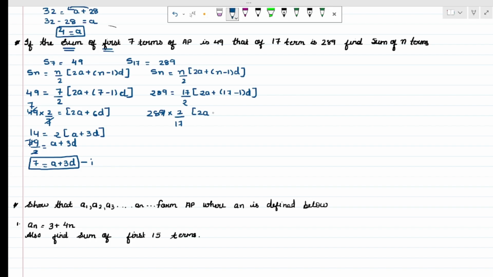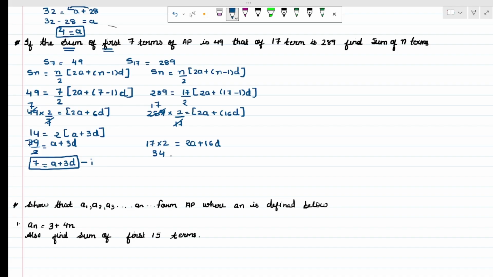is equal to 2A plus 16D. Okay, so you will cut your 289 by 17 and your answer will be 17. 17 17s are 289. So 17 times 2 will be equal to 2A plus 16D.